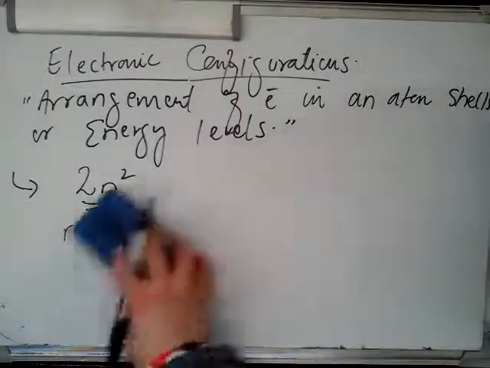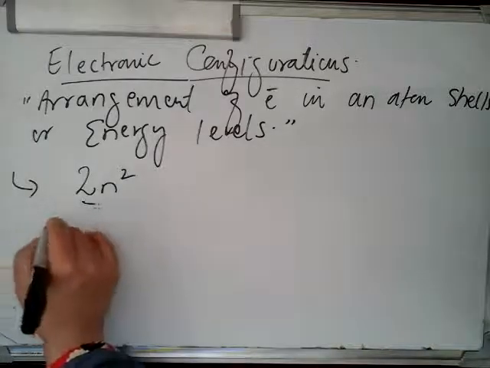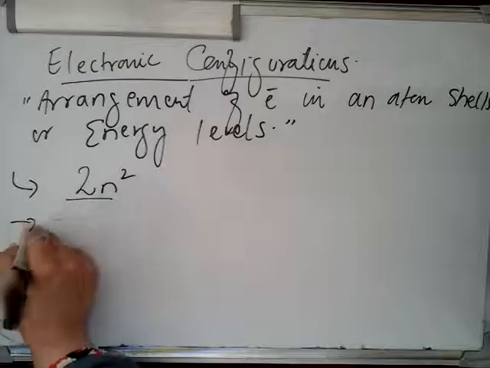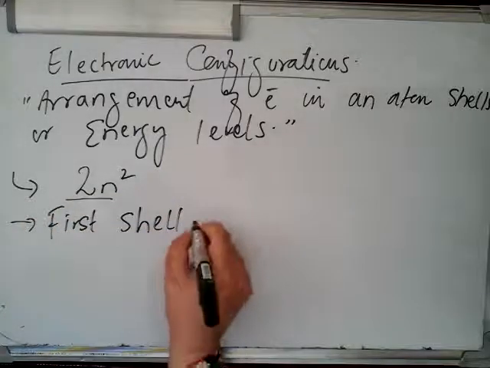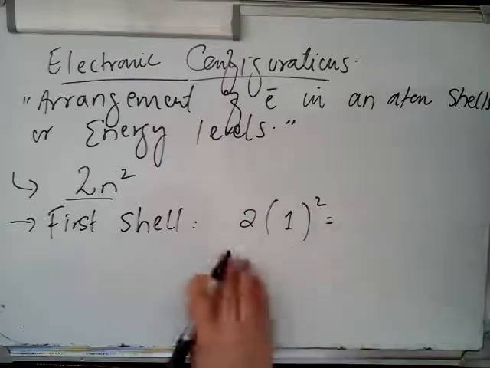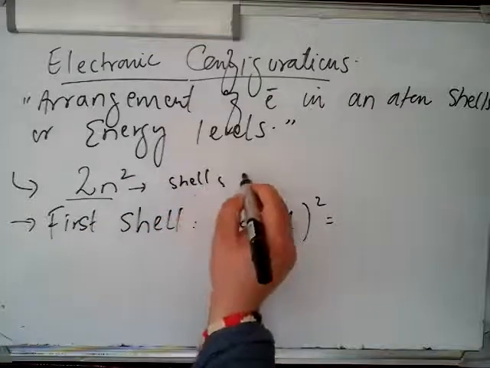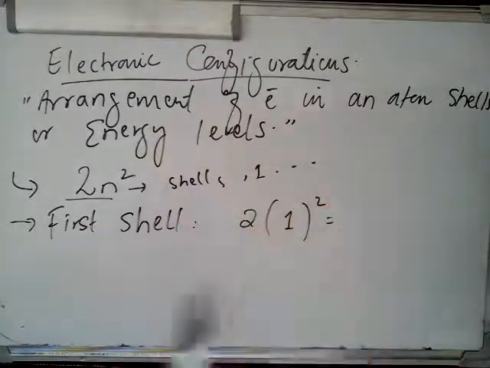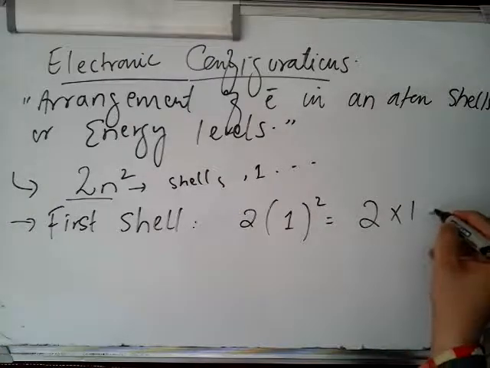Now for example, the first shell: 2n square, where n represents the shell number, starting from 1, 2, and so on. So here 2 into 1 is equal to 2 electrons.